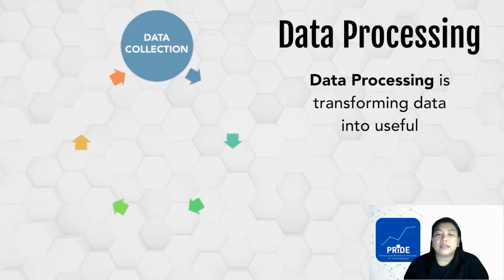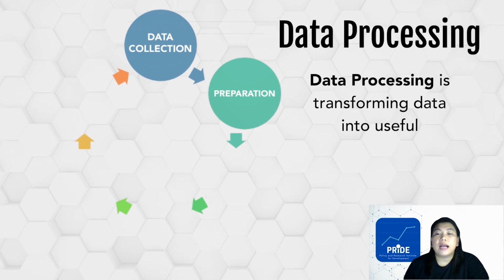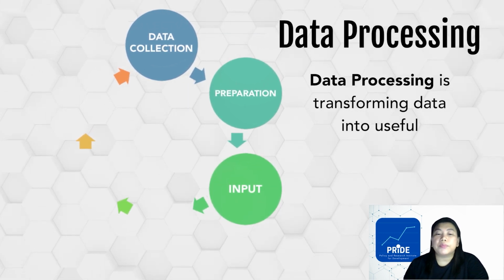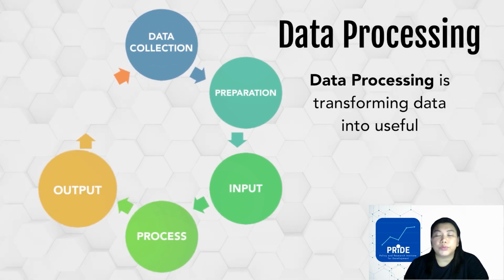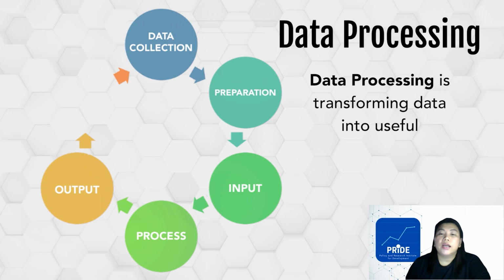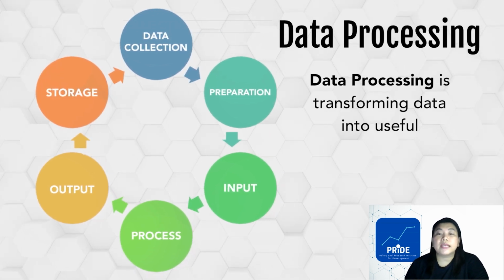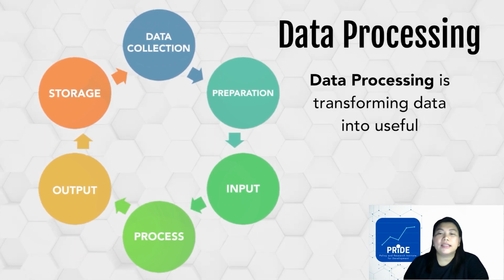Once data are collected, it will pass through preparation to serve as inputs. Data will then be processed in order to generate the required output. After processing, all data should be stored and kept in a safe place.